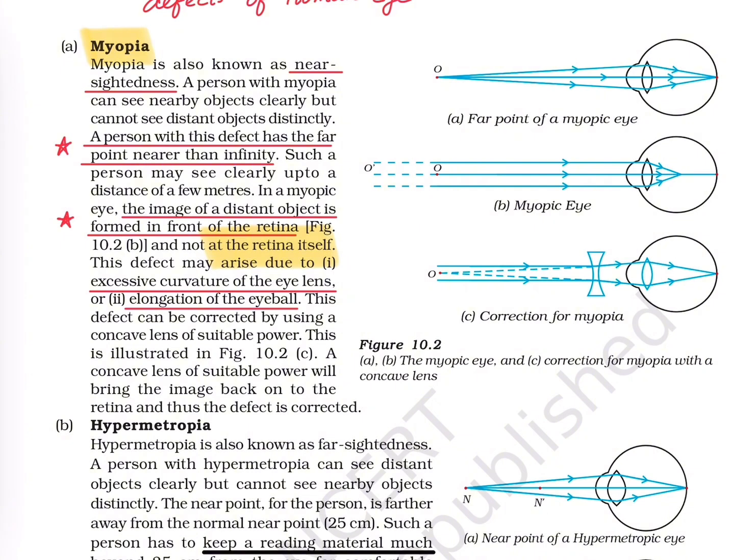So the two reasons because of which a myopic vision is possible are excessive curvature of the eye lens, and second, elongation of the eyeball. This defect can be corrected by using a concave lens. Now, what type of lens do we have to recommend to a person with myopic eyes? Concave lens. Again, this point is important.